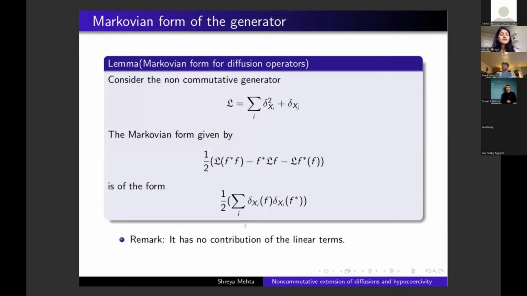Now, since the Dirichlet form is also a Markovian form, for the generator that we considered in the non-commutative sense, we saw that the Markovian form, which is given by this expression, is of the form half the sum of the derivations with respect to x_i, which just had the contribution of the second order terms and no contribution of the linear terms.